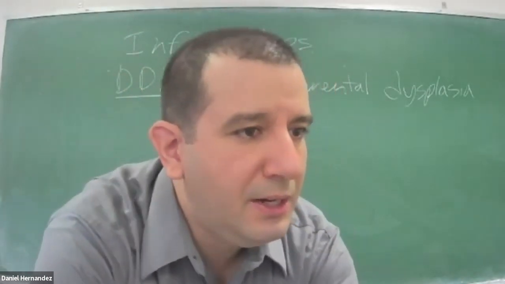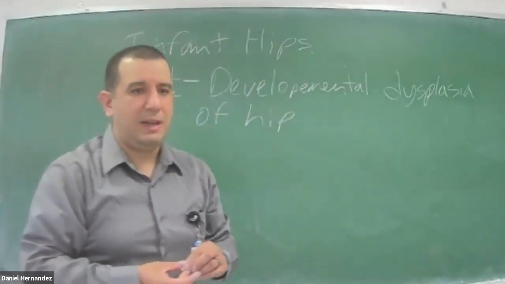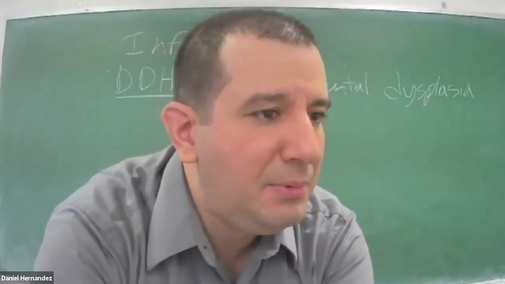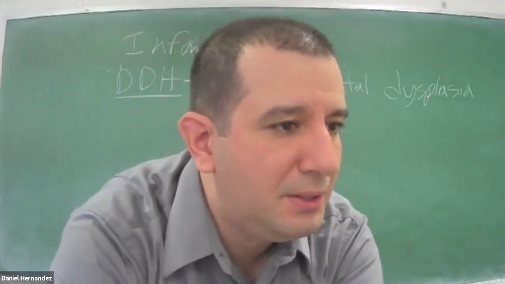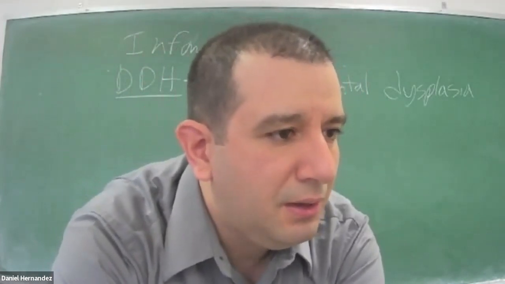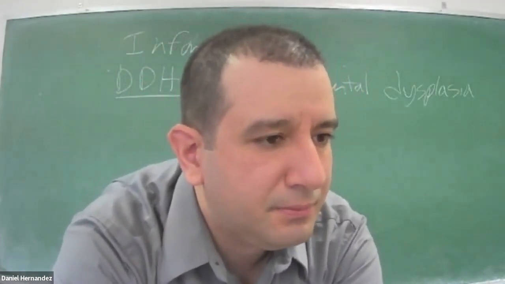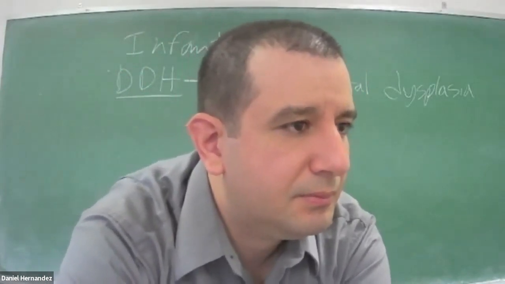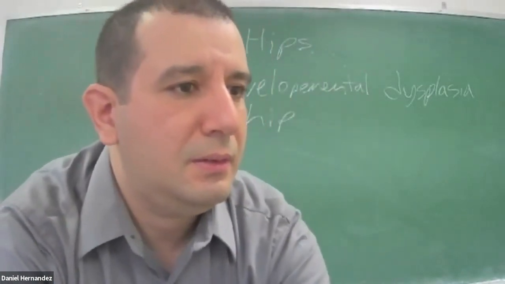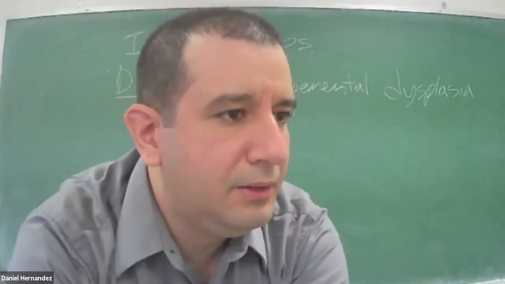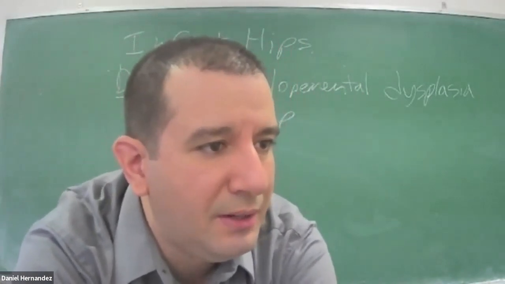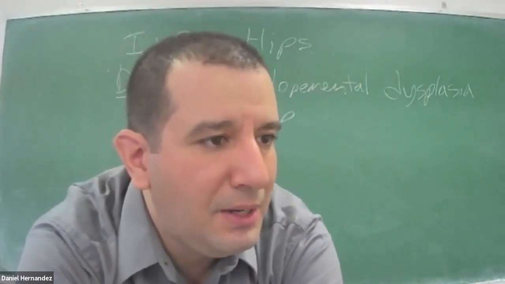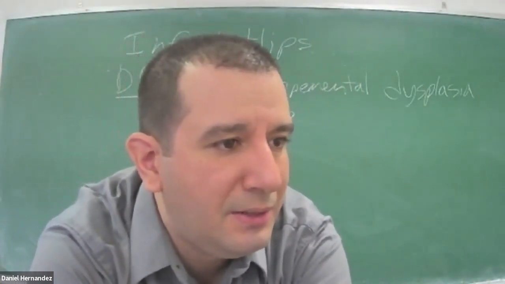However, when a dislocation is not recognized early, the muscles tighten and limit movement, which causes the acetabulum to become dysplastic because it lacks the stimulus of the femoral head. In turn, ligamentous structures stretch and fibrofatty tissue occupies the acetabulum, making it impossible to return the femoral head into the acetabulum.